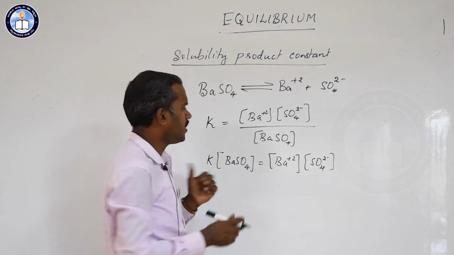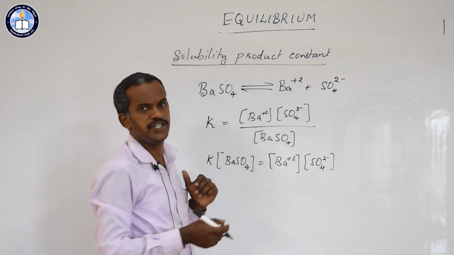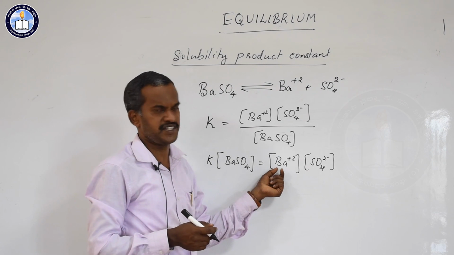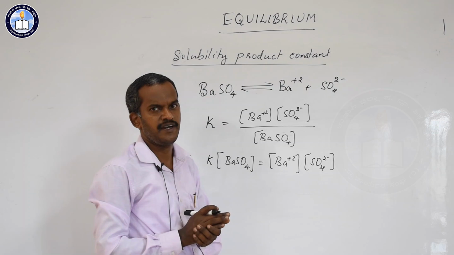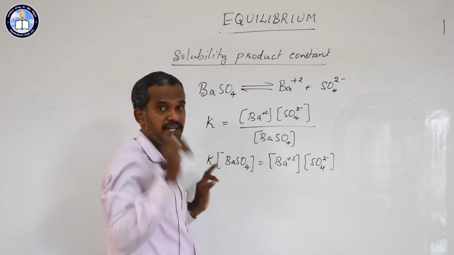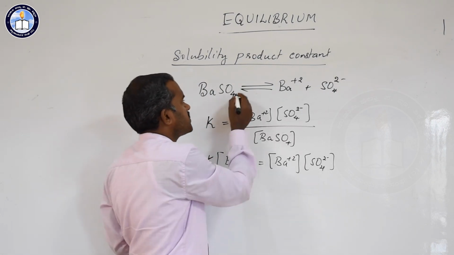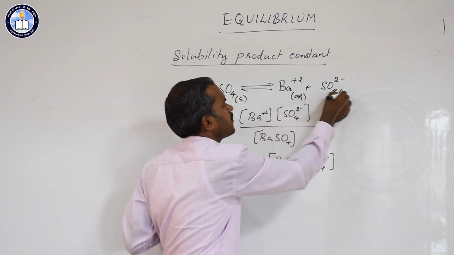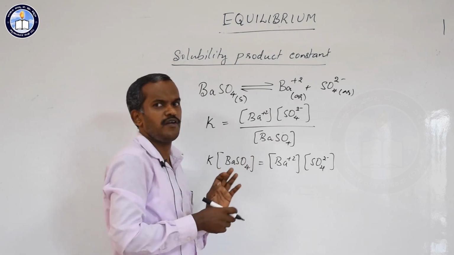Now here the number of moles of barium and sulfate ions are 1 mole each, so the molar concentration we can express as 1 mole per liter for barium and sulfate ions. Now consider the solubility in terms of S. BaSO4 is a solid, while in the medium the ions are present in aqueous form, so the concentration of the solid we will not consider.